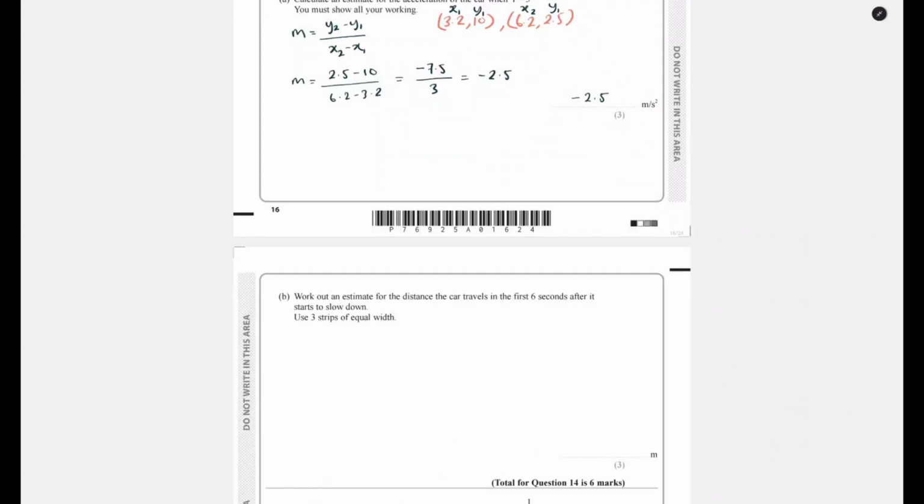Part B says, work out an estimate for the distance the car travels in the first 6 seconds after it starts to slow down. Use 3 strips of equal width. So if we look at our graph and we use 3 equal strips between 0 and 6 seconds, we'll go at 2, 4, and 6.